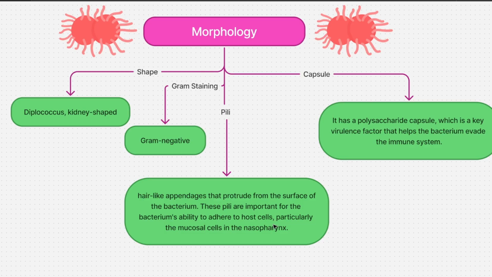So unlike flagellated bacteria, the pili aren't really for motility. It's more to help adhere to the host cells, particularly the mucosal cells in the nasopharynx, because the nasopharynx has a lot of airflow and it could easily get swept away. So they need that mechanism in order to survive.